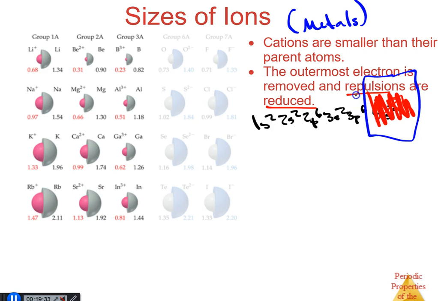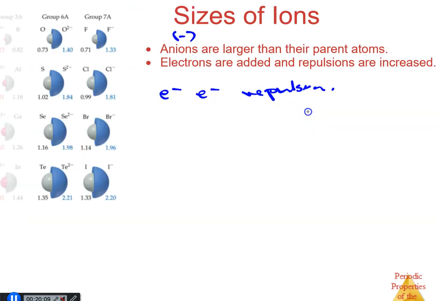So its number of energy levels has decreased by 1. That's what this is saying. The outermost electron is removed and repulsions are reduced. So those are your two things. Why cations are smaller than their parent atoms? Because principal energy levels have been removed and electron repulsion has decreased. We okay with that? Okay.